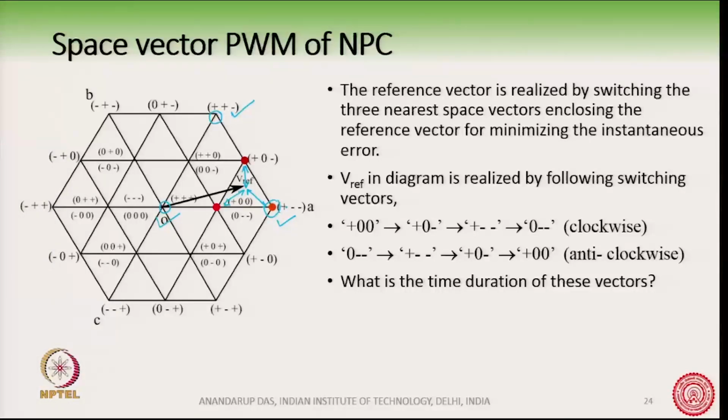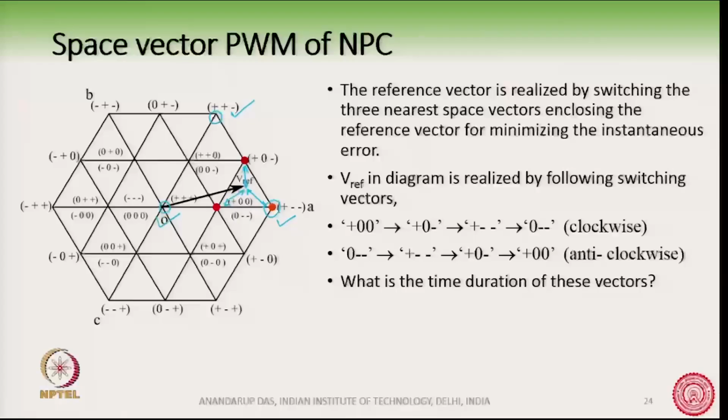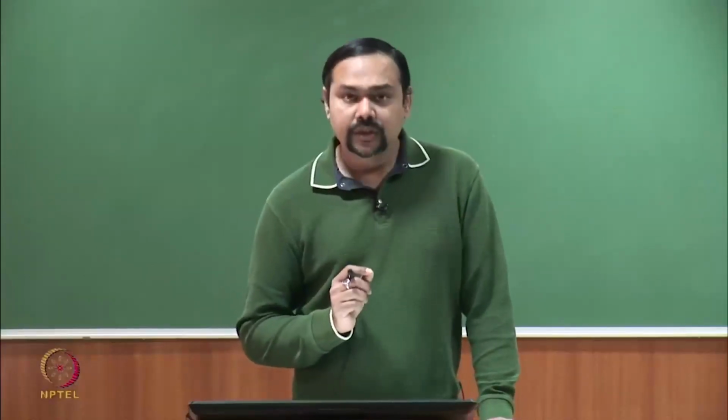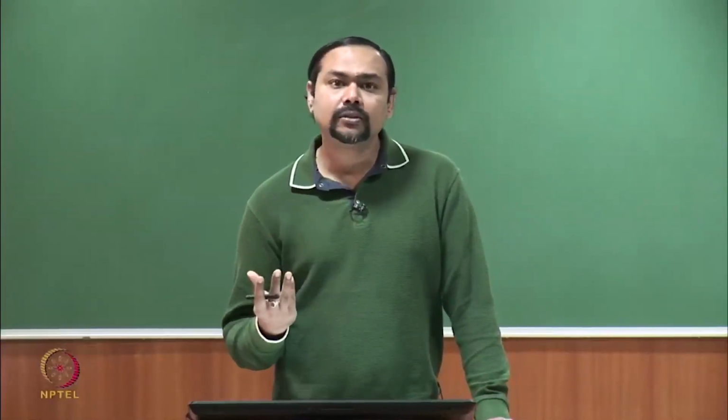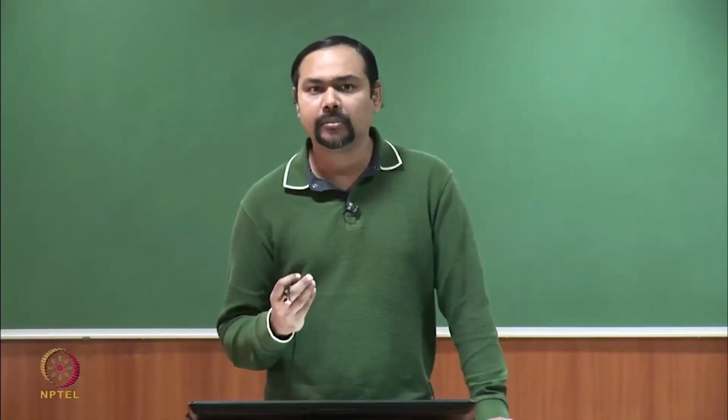But now, with a 3 level space vector diagram, I am switching nearby vectors through which the instantaneous error is reducing. So, the harmonic profile will also get improved, the magnitude of the harmonics will go down automatically.